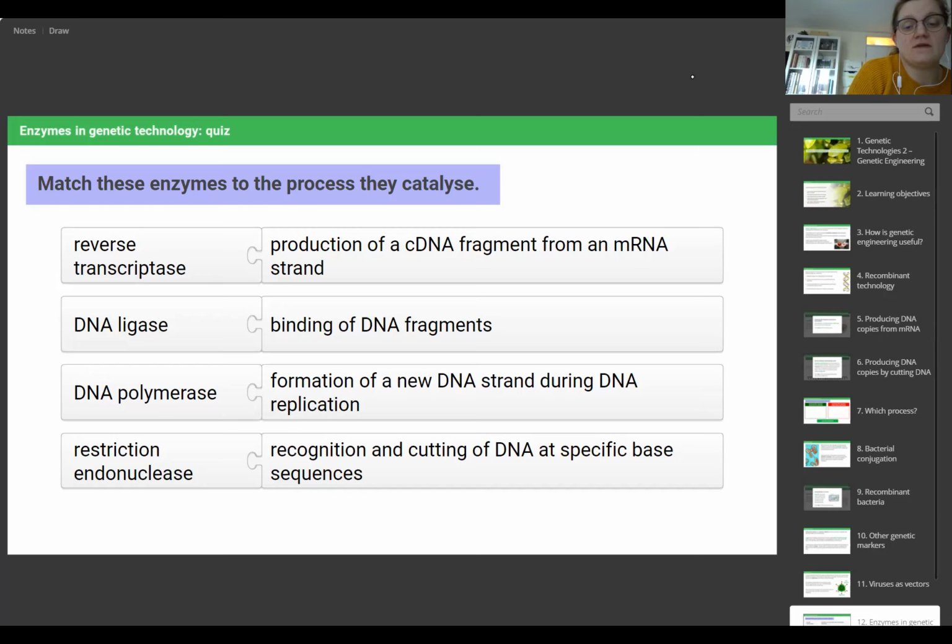So each primer has a specific base sequence that is complementary to the allele.